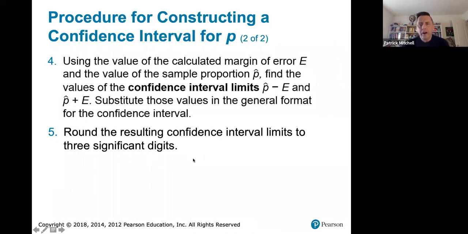Using the value of that margin of error and the value of the sample proportion p hat, we'll find the values of the confidence interval limits, which are p hat plus or minus E, and then round those confidence interval limits to 3 significant digits.